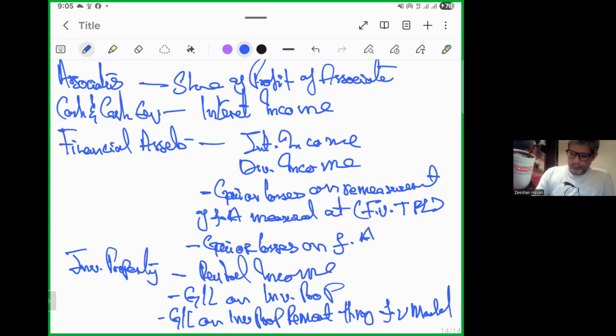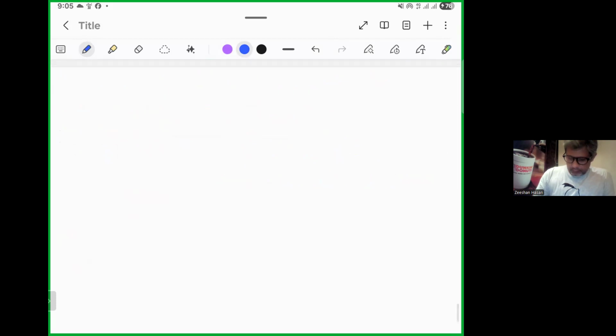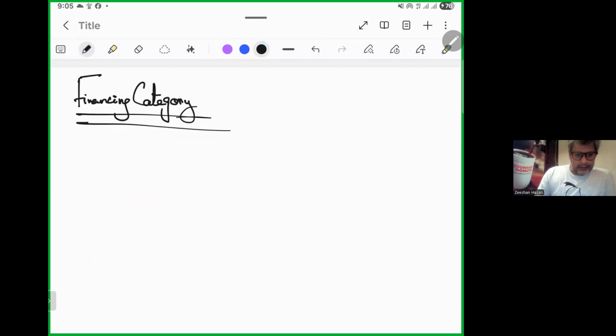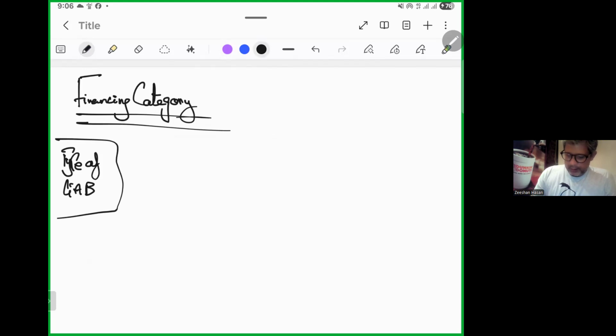Then we have the financing category. In the financing category, we have various types of liability. Here we have two types of transactions.